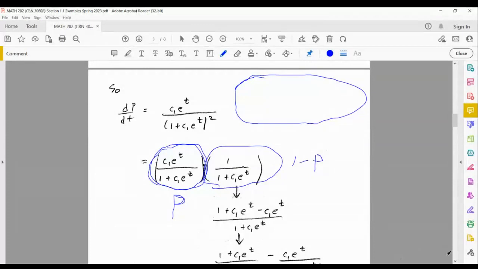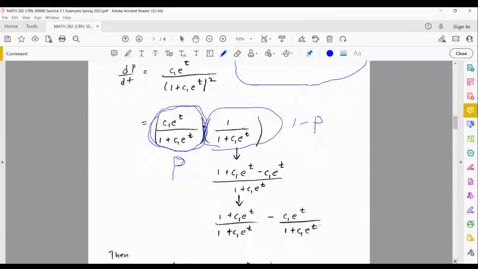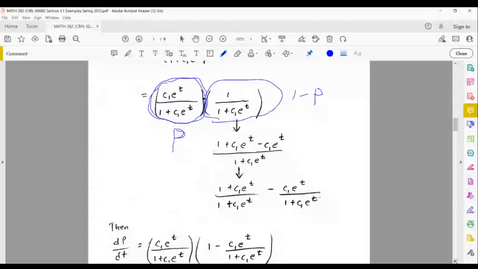Okay, so the second part of that product, 1 over 1 plus c1 times e to the t, you can take the numerator 1 and write it as 1 plus c1 e to the t minus c1 e to the t.